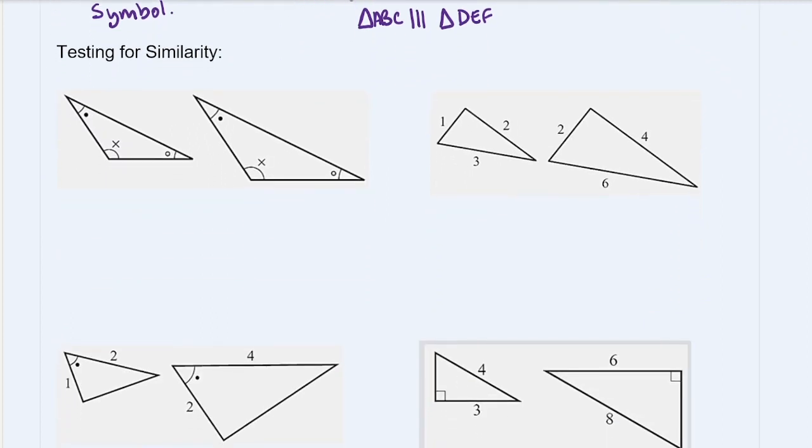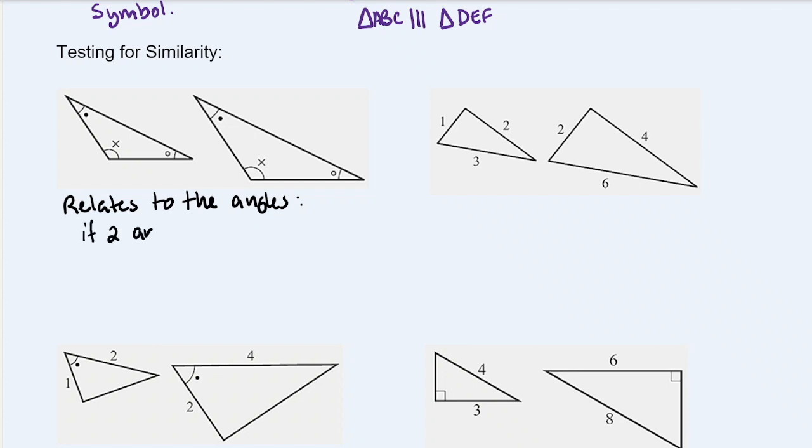The first one is all about the angles of the triangle. What it's saying is that if two angles of a triangle are equal to two angles of another triangle, they must be the same. So then we have similarity.